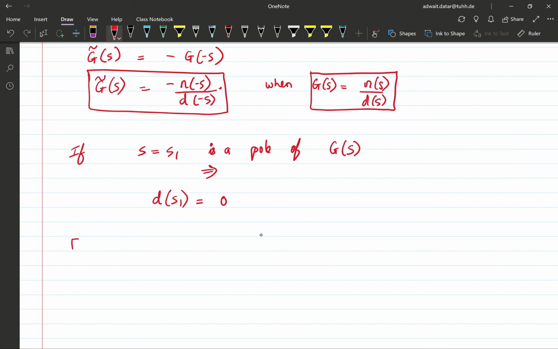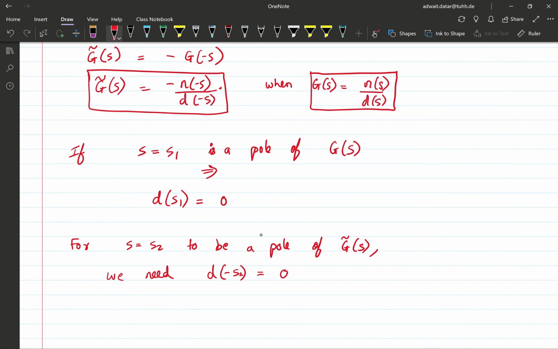So for S equal to S2 to be a pole of G tilde of S, we need d of minus S2 to be equal to 0.